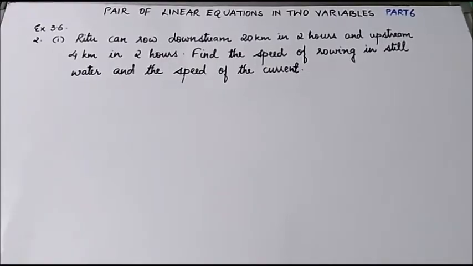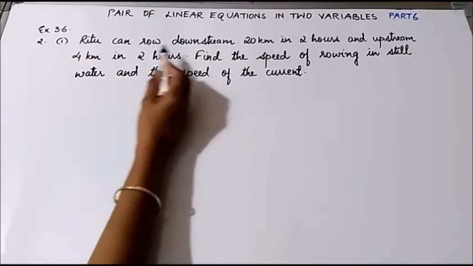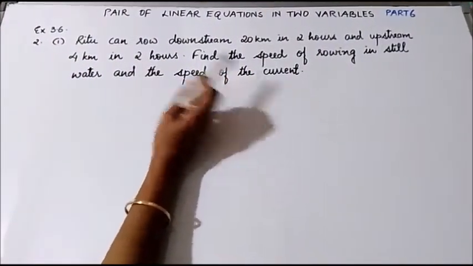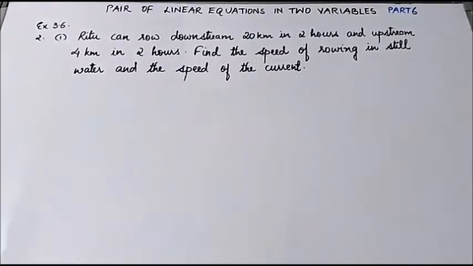Let us do exercise 3.6, the second question. Now here it is given that Ritu can row downstream 20 km in 2 hours and upstream 4 km in 2 hours. Find the speed of rowing in still water and the speed of the current.